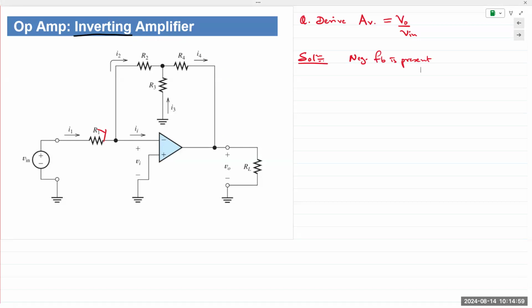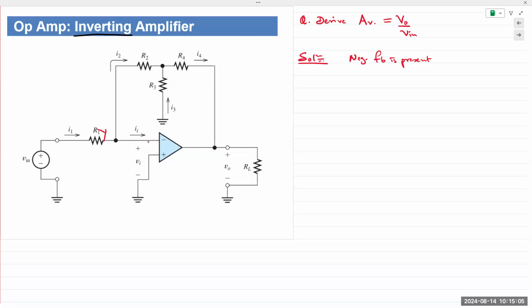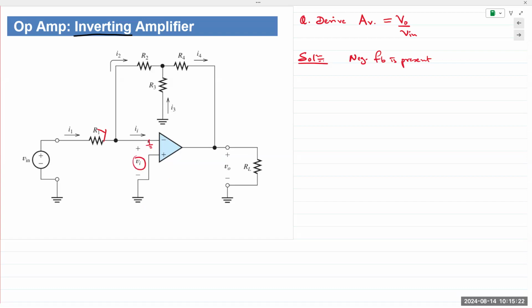Secondly, are the differential input voltage and the current going into the op amp equal to 0? Here we can say yes, the non-inverting input terminal is connected to ground. So if one terminal is connected to ground, we can state the other terminal also is at virtual ground. And if they are at virtual ground, then VI is equal to 0.